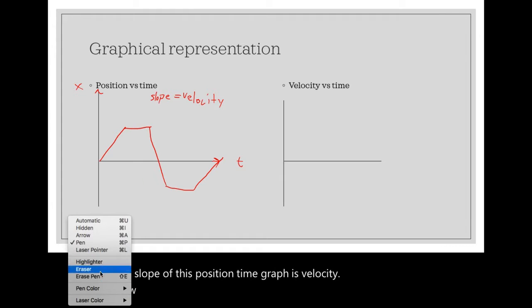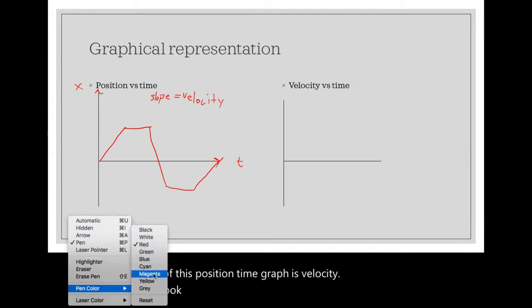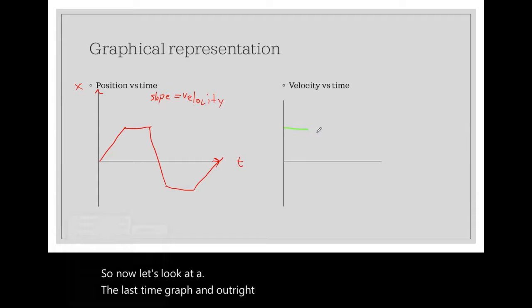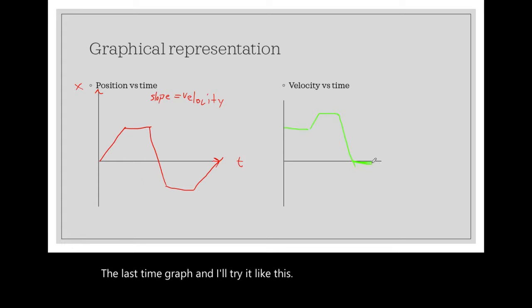So now let's look at a velocity time graph, and I'll draw it like this. Some bad lines, but you can kind of see what I'm trying to get at.